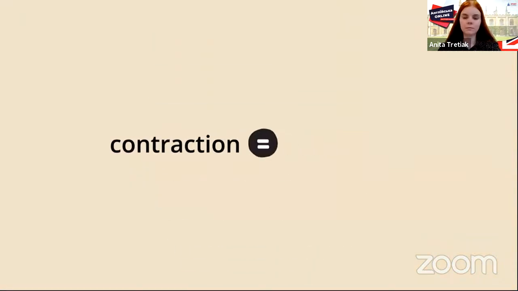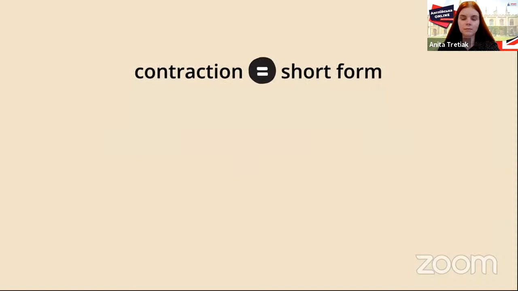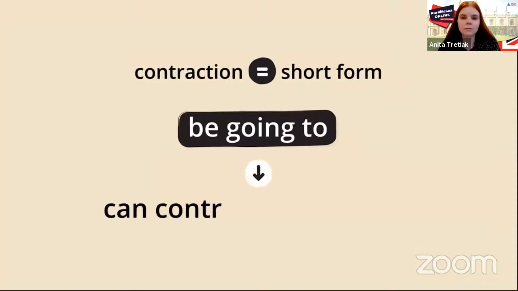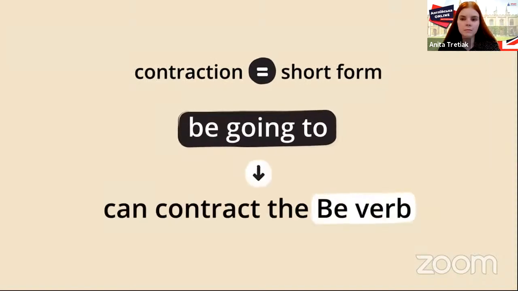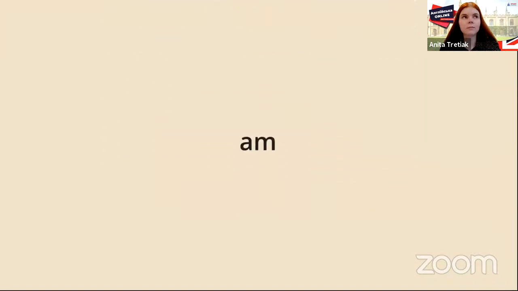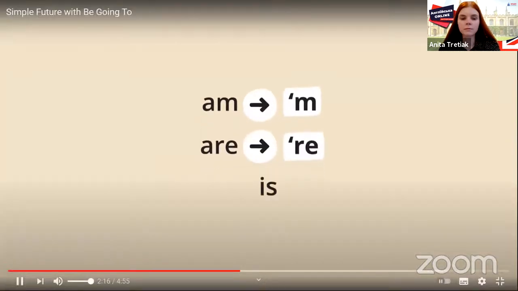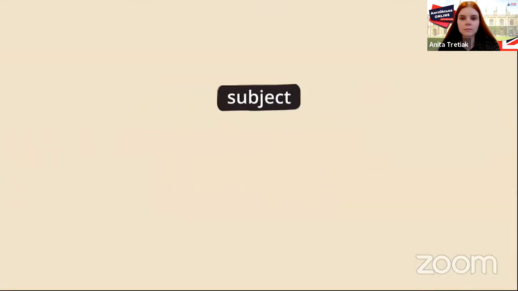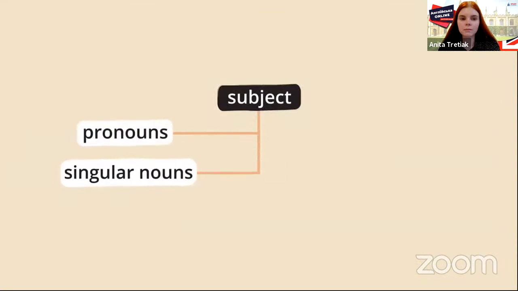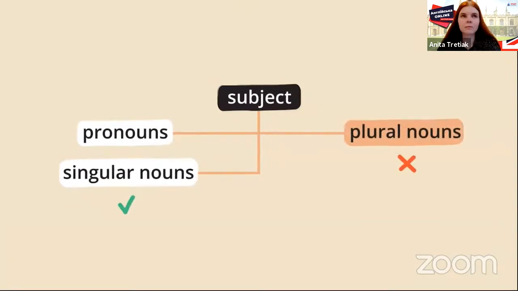A contraction is a shorter form of a word. When we use be going to, we can contract the be verb. The contraction for am is 'm. The contraction for are is 're. The contraction for is is 's. We can contract the be verb with subject pronouns. We sometimes contract the be verb with singular subject nouns, but not with plural nouns.